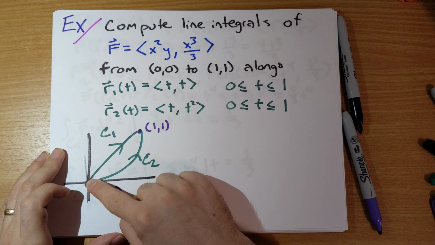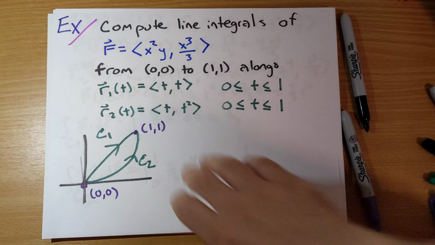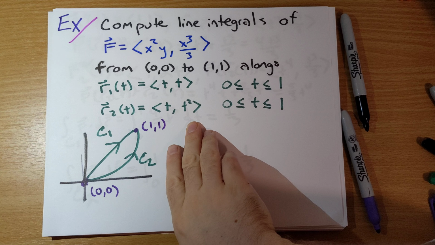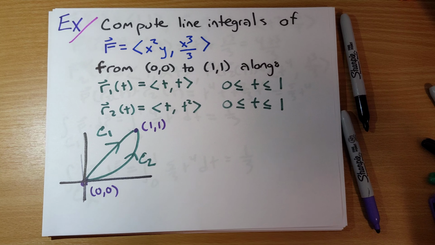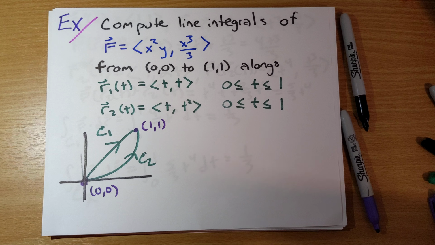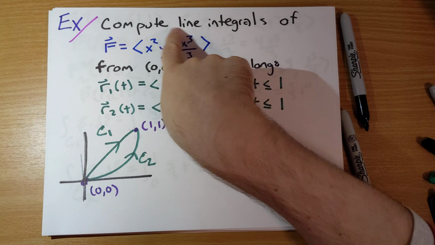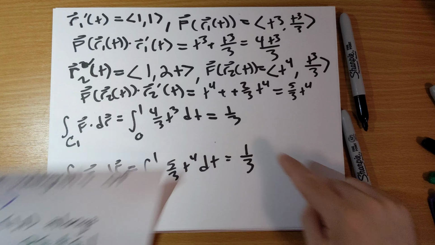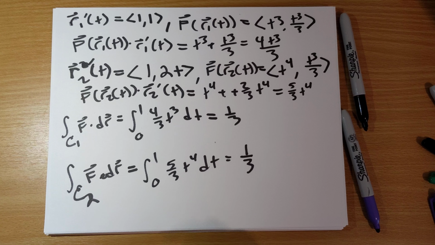And one big point to make here is that there's something special going on here. We'll see in the future, this is the motivating example here. We'll see in the future, there's something special about this vector field f. There's some special property here that makes these two vector line integrals equal.